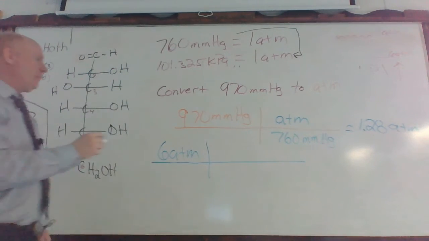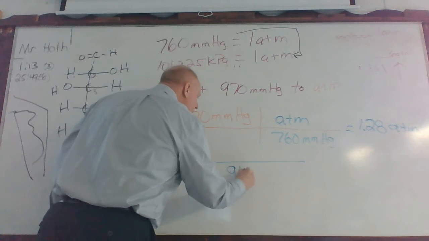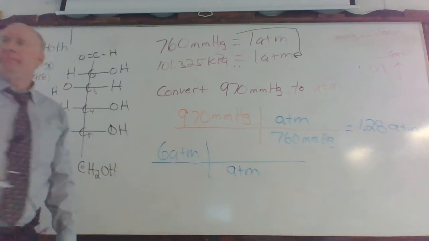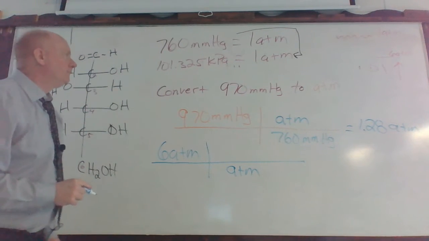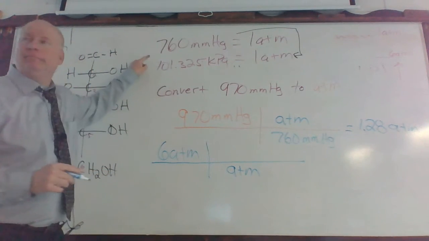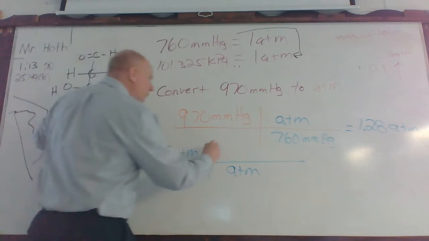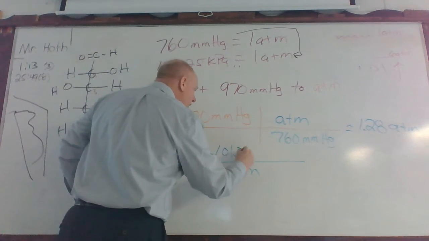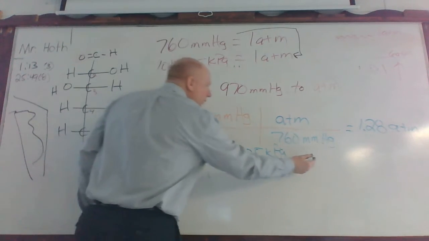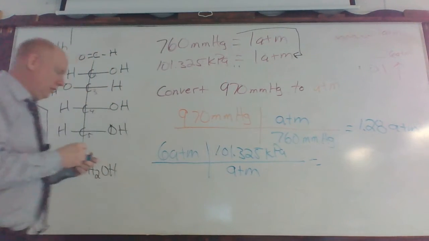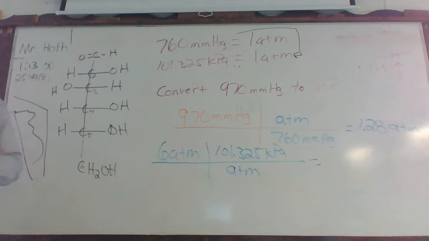So for every atmosphere, how many kilopascals do we get? Yeah, it's up here too. 101.325 kilopascals. Okay? Multiply them two and you got your answer.